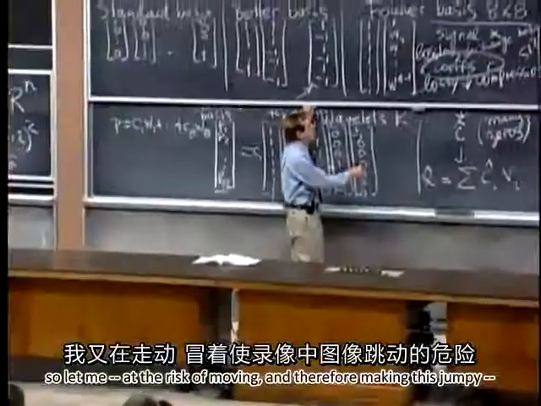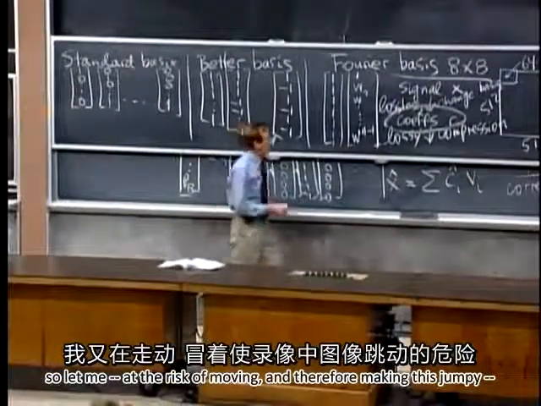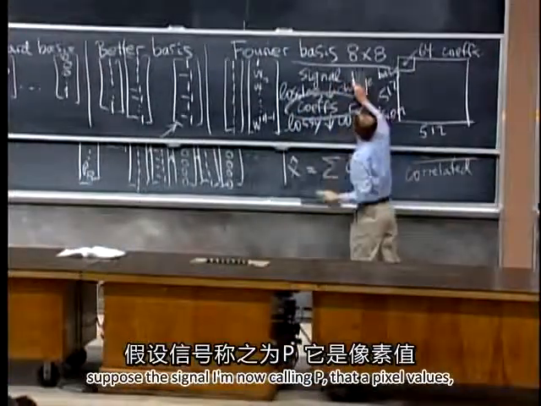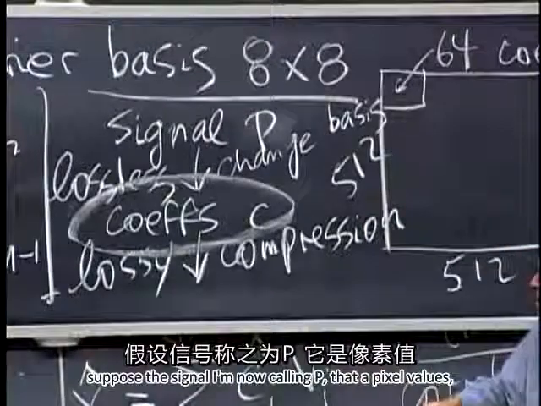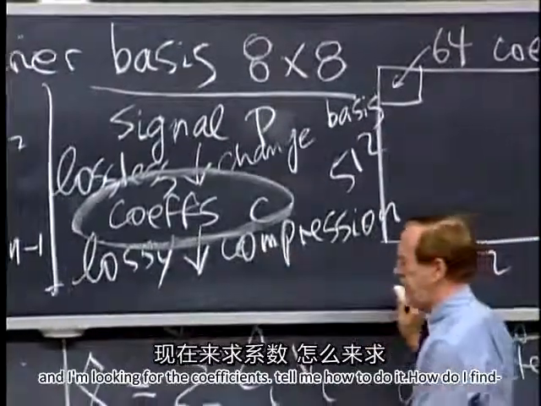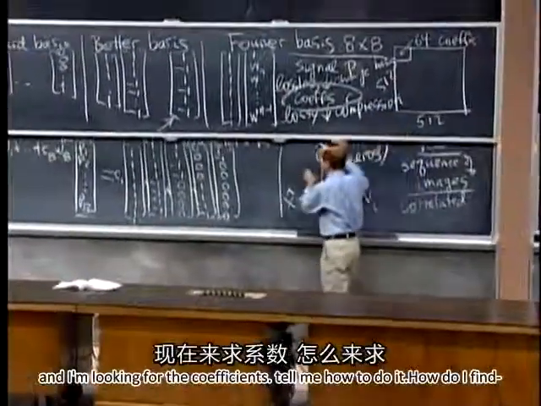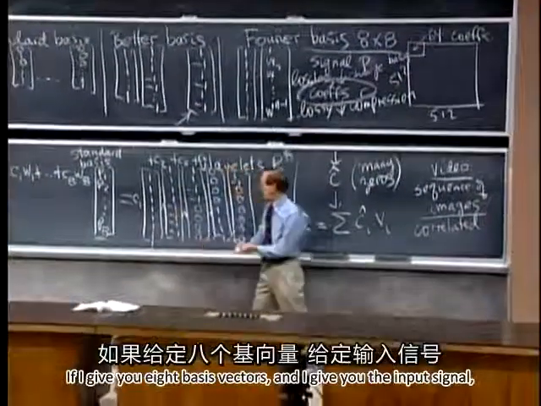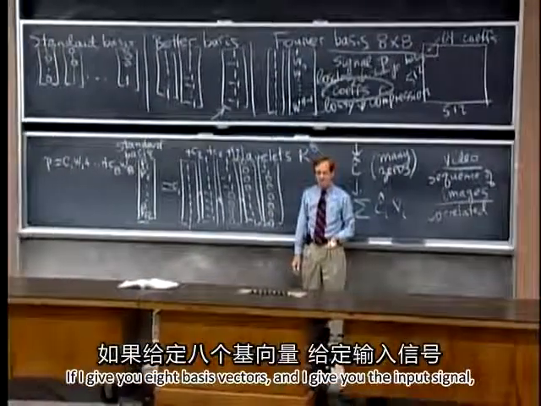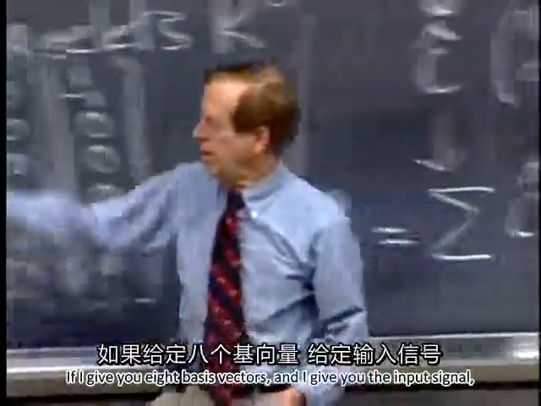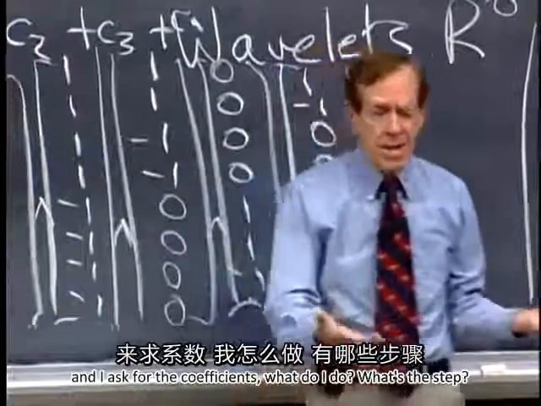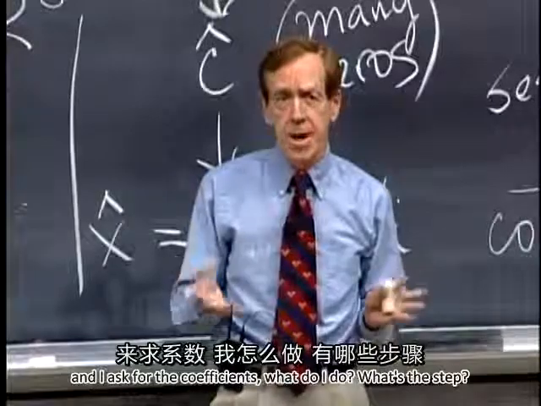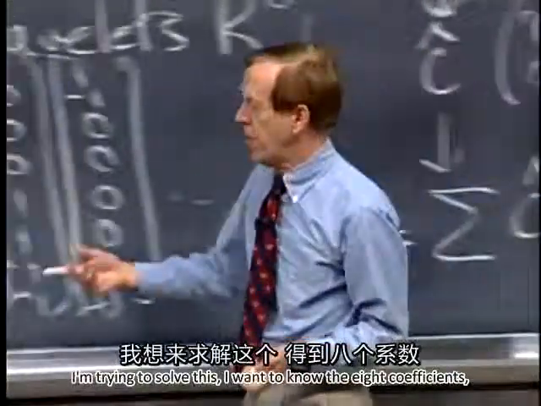Suppose the signal I'm now calling P, the set of pixel values, and I'm looking for the coefficients. Tell me how to do it. If I give you 8 basis vectors, and I give you the input signal, and I ask for the coefficients, what's the step?